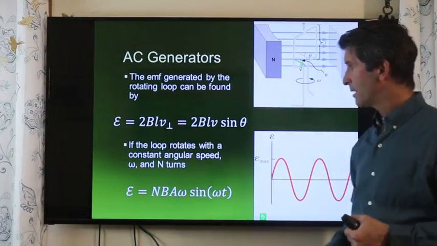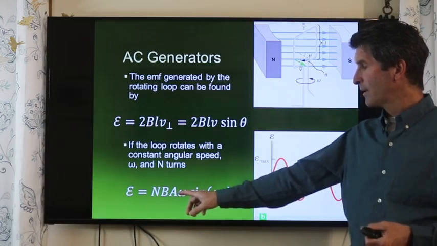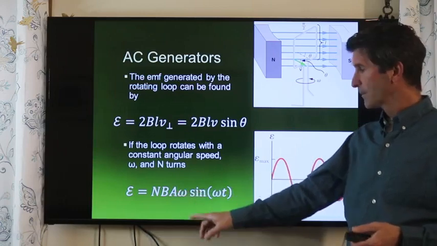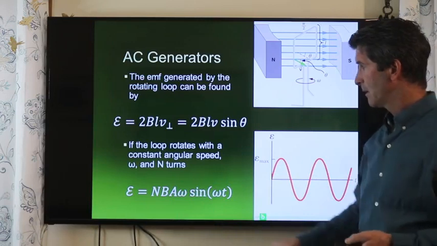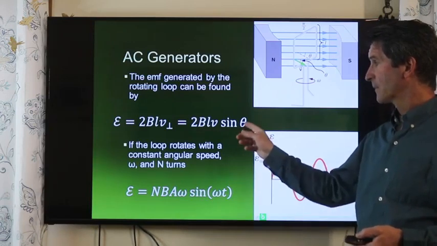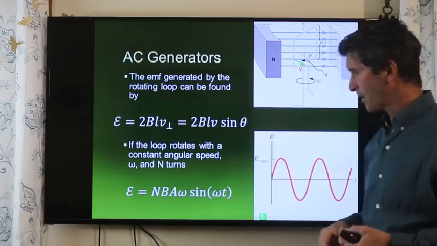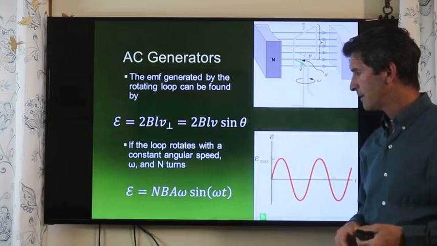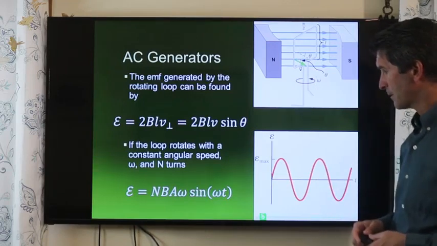So this L times v is going to be related to the cross-sectional area times the angular speed, which is in radians per second. And here's your sine. Instead of theta, we're using omega t. So here's the general expression for the electromotive force due to an AC generator.